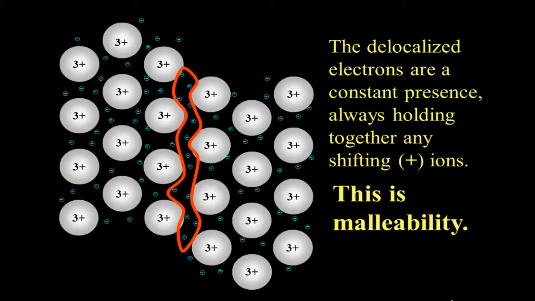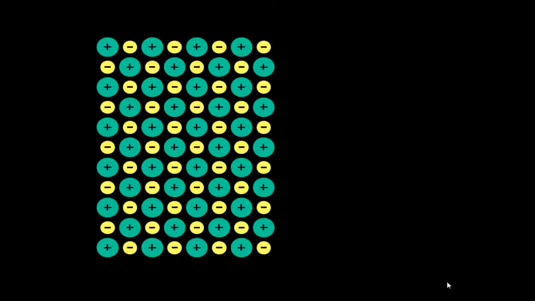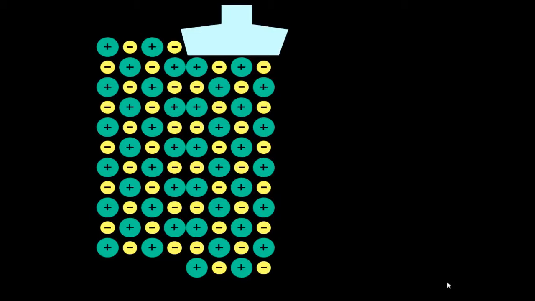So this is malleability. And a nice contrast would be to look and see, why does hitting an ionic crystal not result in this sort of malleability? When we hit an ionic crystal, it shatters. Let's hit this ionic crystal with a hammer and see what happens. So no matter how you hit it, you're always going to come to some point where like charges are lined up.